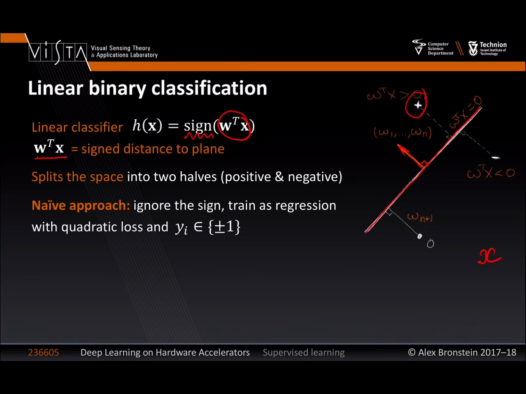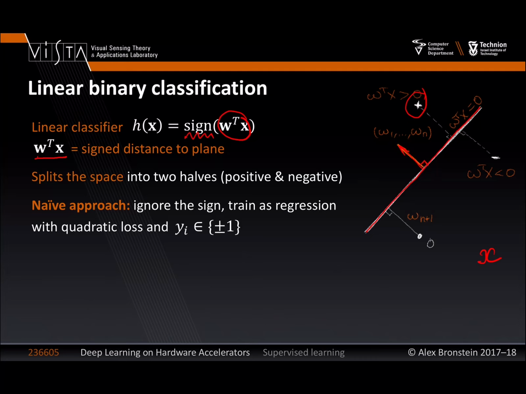So we could naively remove the sign function and just continue solving the problem as we did in the case of linear regression. But in any real world situation, you will have some false positives and false negatives. And at least in this setting of binary classification, it doesn't really matter how distant your instance is from the decision boundary, which is this hyperplane. You would like to treat it more or less equally.